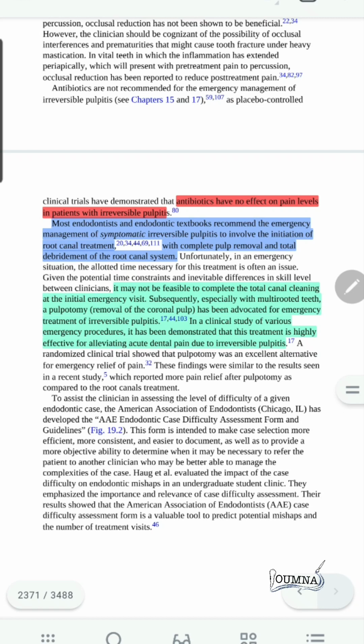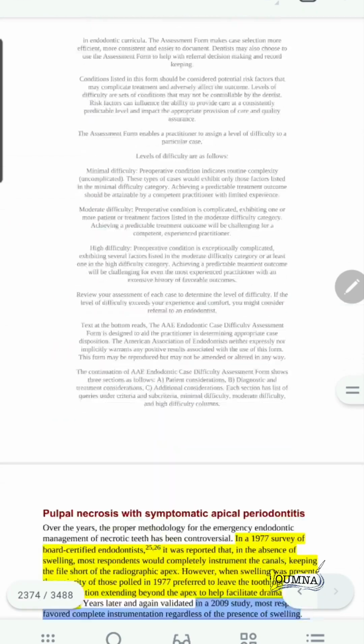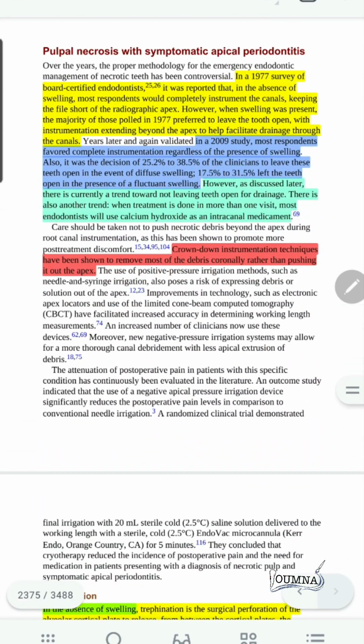We should not do a partial instrumentation of the canals, whether we do complete removal of the pulp in the root, or we only remove the coronal pulp if we do not have time in that session. Also, antibiotics are not effective, so they are not recommended in these cases because removing the pulp is sufficient to make the patient pain free.